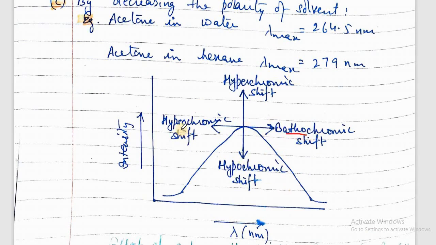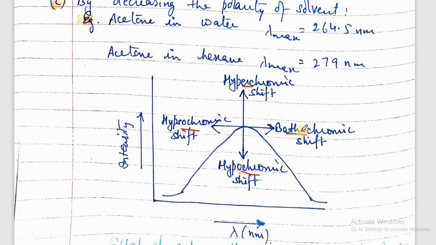Opposite of bathochromic is hypsochromic, and then there is hyperchromic shift, and then hypochromic shift. These shifts can be easily defined on the basis of this graph, in which we have taken lambda in nanometers along the x-axis and intensity along the y-axis, or say molar extinction coefficient, molar absorptivity.